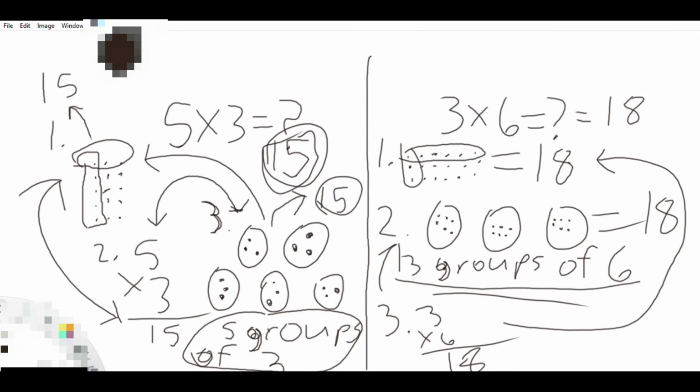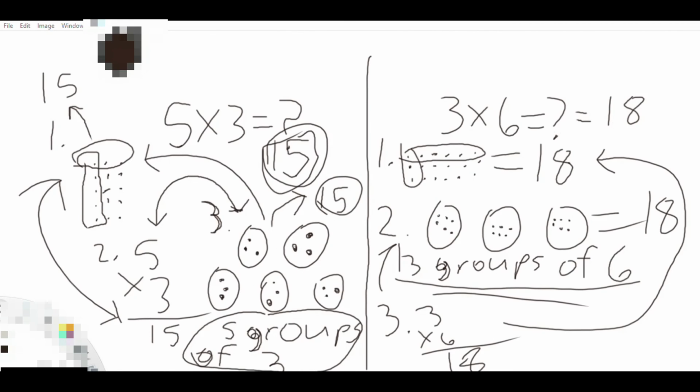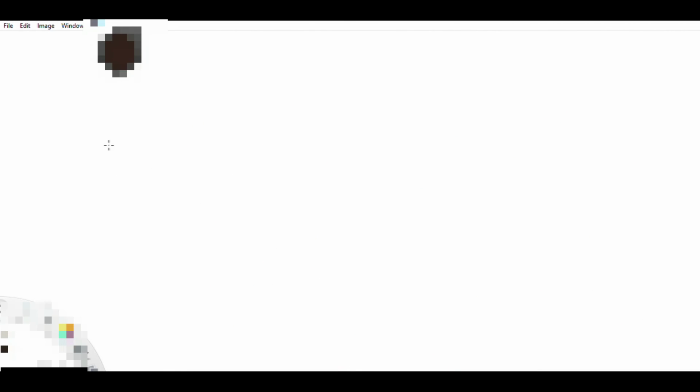Okay, the last problem, let me delete this, will be here. So what is maybe 0 times 9? Oops, let me rewrite that. 0 times 9 equals what?